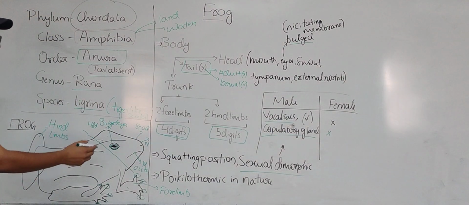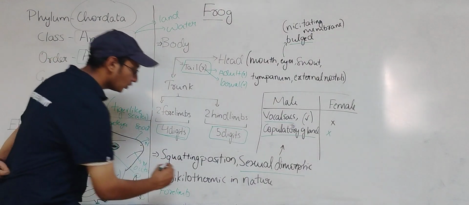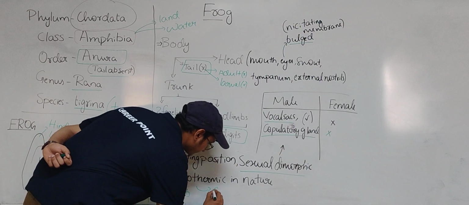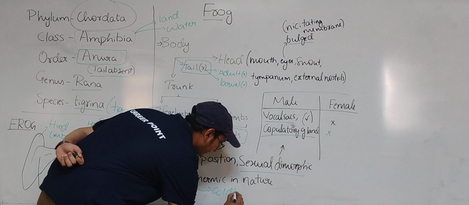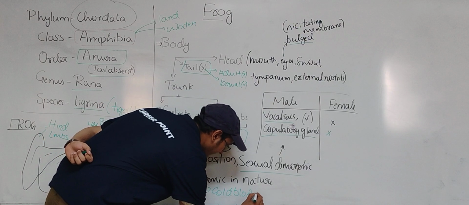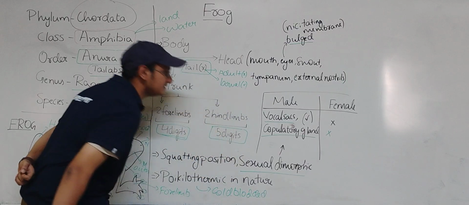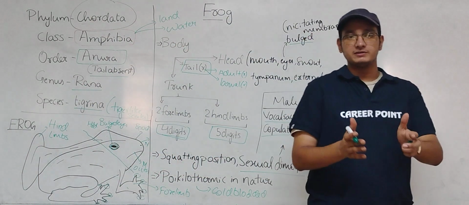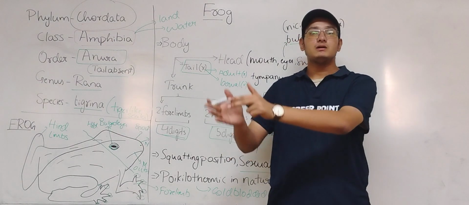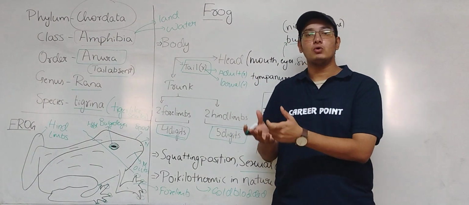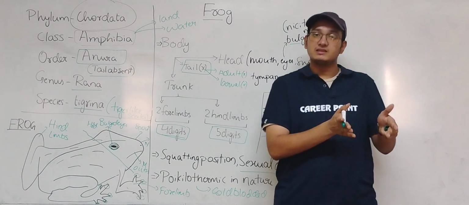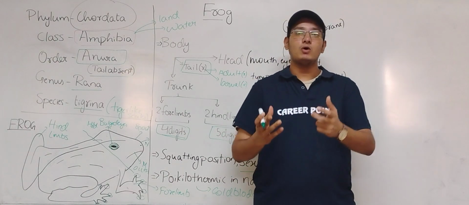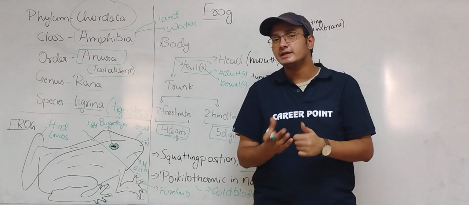And these are poikilothermic in nature, which means cold-blooded animals. Which means they cannot control their body temperature. So if you take a frog from Rajasthan to a Himalayan region, then it will become cold. From the Himalayan region to again the Thar desert, it will become hot. So it cannot regulate its body temperature.